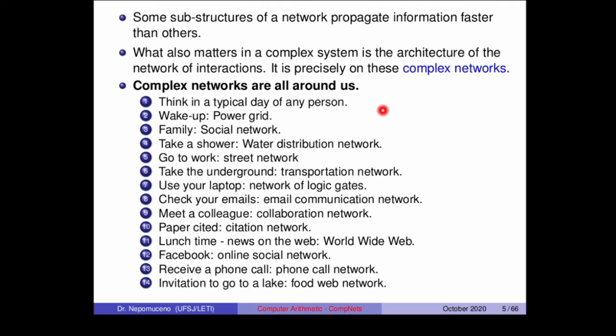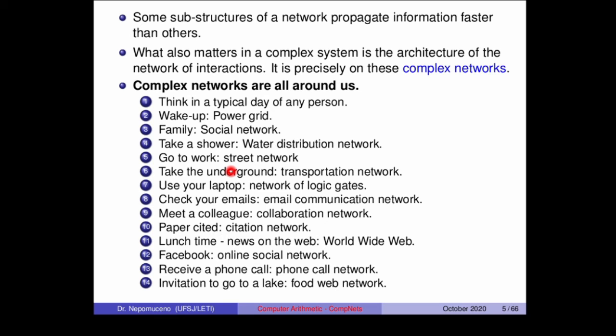So let's think of a typical day of a person. You wake up and use some energy that came from a power grid. You start to have relationships with the family, so you have a social network. When you take a shower, you use the water distribution network.